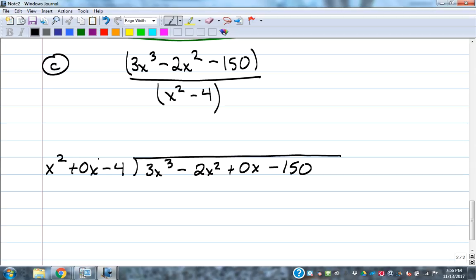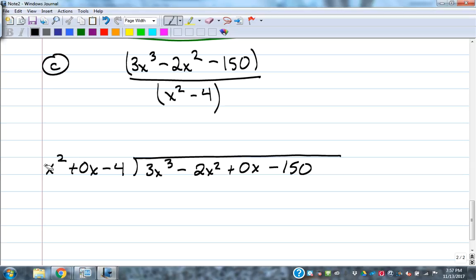But if you put those missing pieces in, you can follow the process really easily because stuff lines up perfectly. So those missing pieces are important. Those 0 x's, or 0 whatever's missing, are very important because it makes things line up the right way.